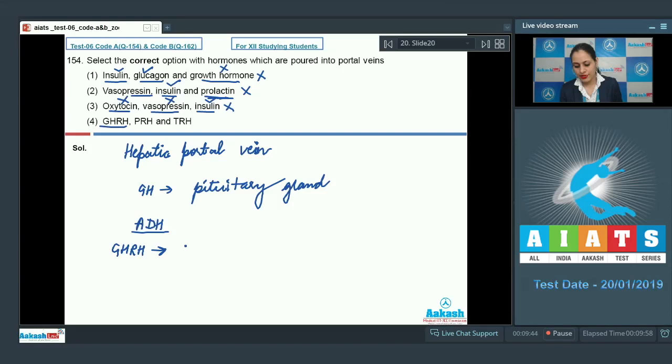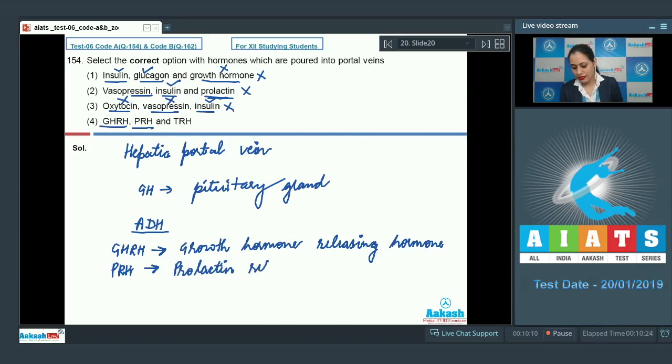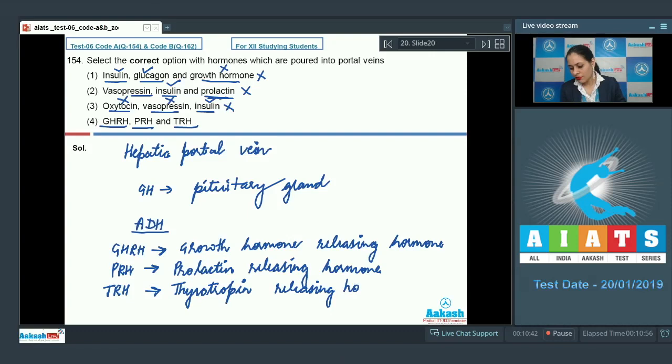GHRH represents growth hormone releasing hormone. PRH represents prolactin releasing hormone. And TRH stands for thyrotropin releasing hormone.